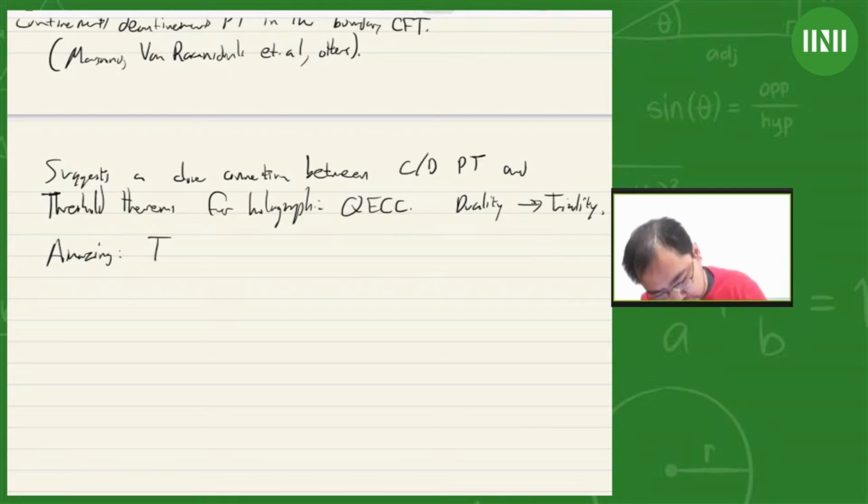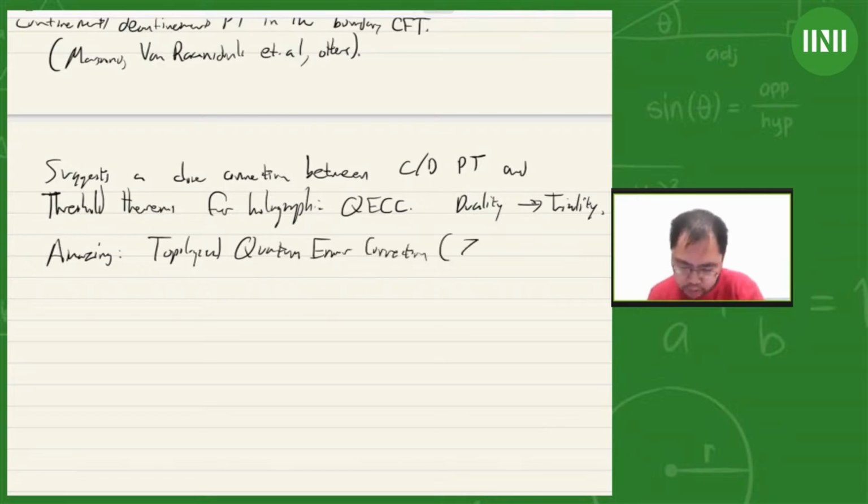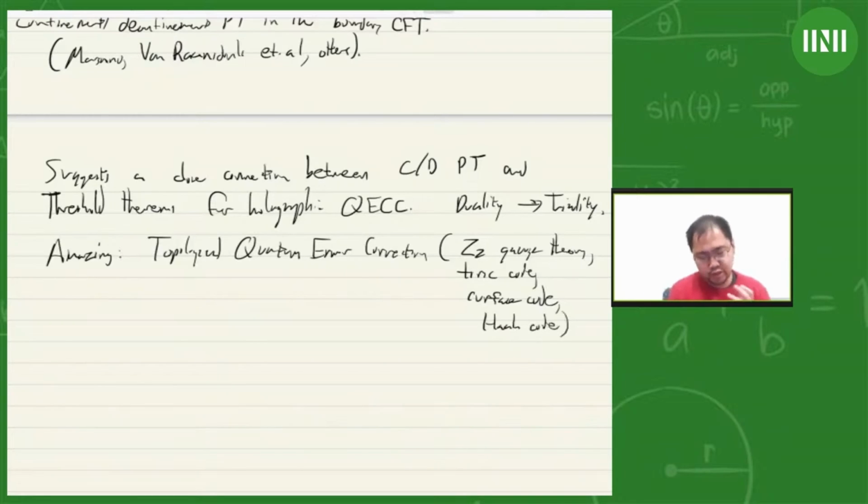So in the context of topological quantum error correcting codes, you can think about Z2 gauge theory, the toric code, surface code, all sorts of quantum error correcting codes that are based on topological quantum field theory, or topology.